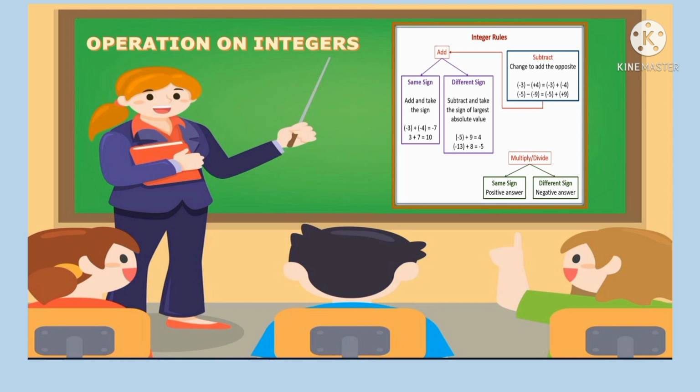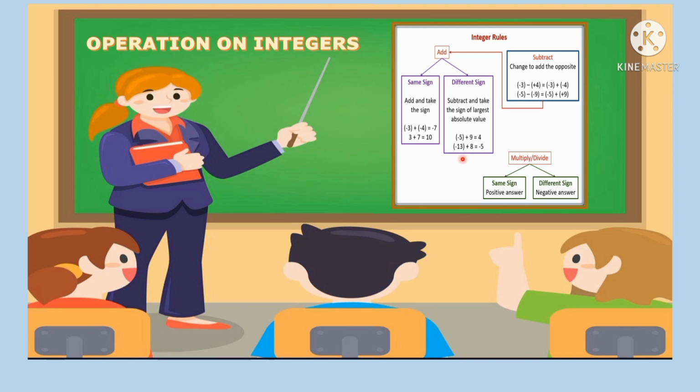If they are in different signs, subtract and take the sign of the largest absolute value. So we have an example here.